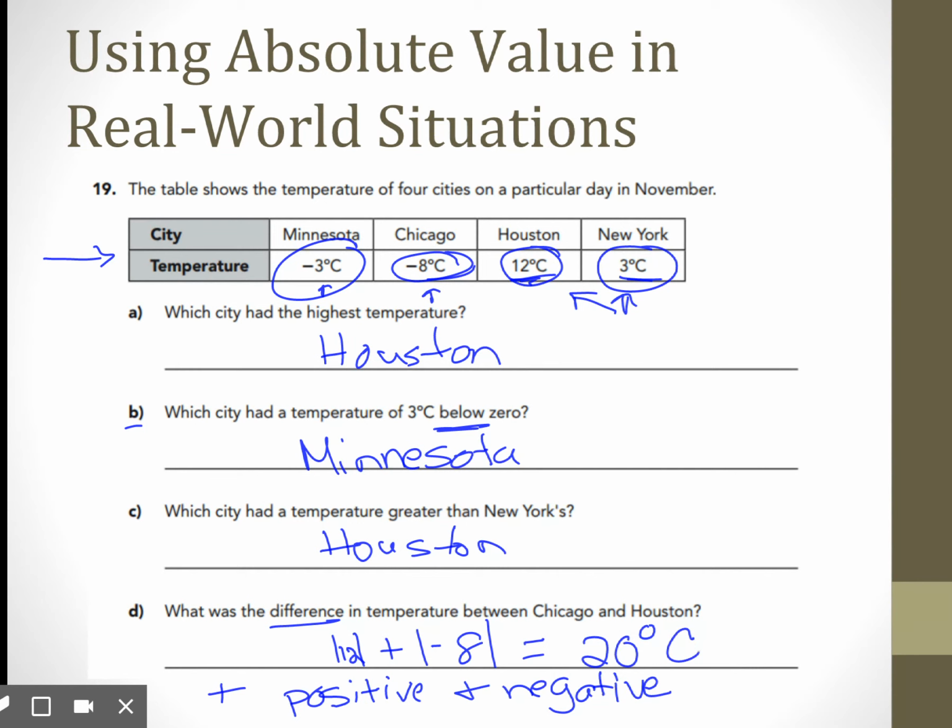If you put it on a number line and actually counted from -8, and here would be 0, and then +12. This isn't really an accurate representation, but I want to show you. We'd have the absolute value here would be 8, and then here would be 12. So that's where I see the difference is 8 plus 12 equals 20.